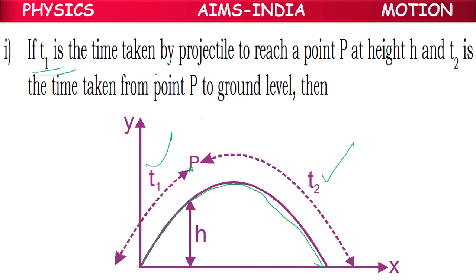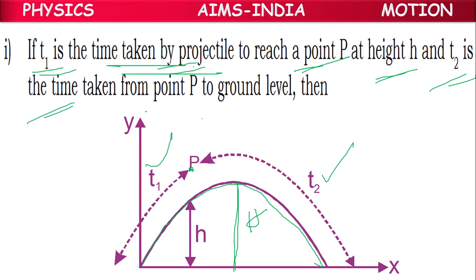Means T1 is the time taken by projectile to reach point P at height h, that is not the maximum height, children. This small h is the given height. At height h, T2 is the time taken from point P to ground level. Then, what is the relation between them?